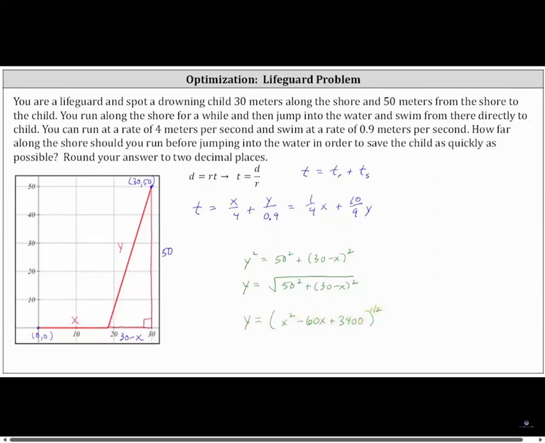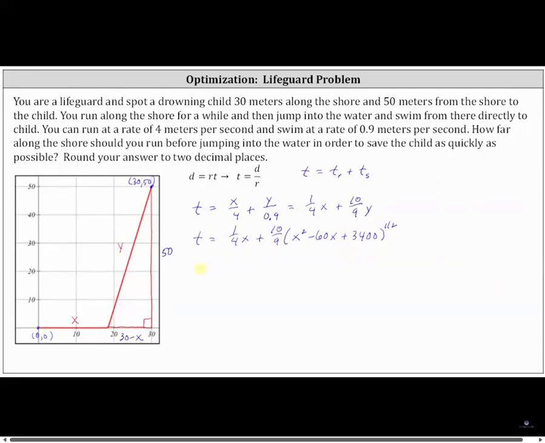Which means we can now write the time function as t equals 1/4 x plus 10/9 times the quantity x squared minus 60x plus 3,400 raised to the power of 1/2. In order to minimize the function now, the next step is to find the critical numbers, which is where the first derivative is equal to 0 or undefined.